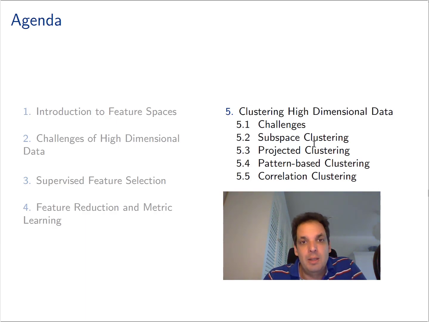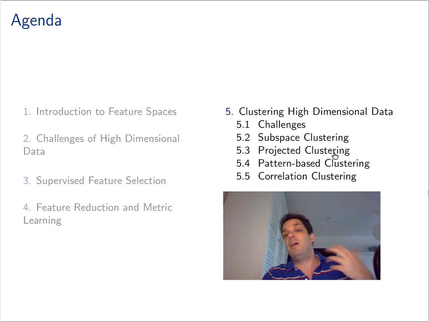But anyway, so just that you know here, we have different kinds of clustering methods, embedded high-dimensional clustering methods, feature selection clustering methods, whatever. And we try to give you a kind of taxonomy here by these terms. So subspace clustering is a specific kind of methods that work in a specific way other than projected clustering algorithms, other than pattern-based clustering algorithms, and finally other than correlation clustering algorithms.